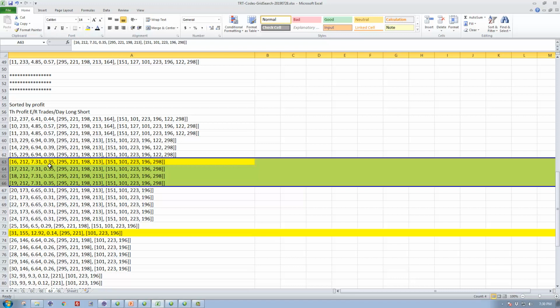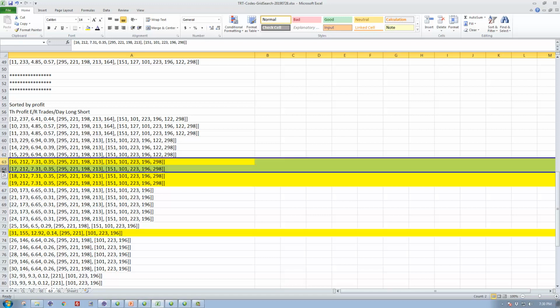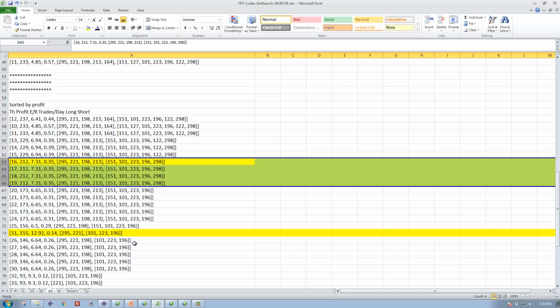And in fact, again, because it's 0.35, I'd actually consider doing that. All right, though I actually don't like that 0.14 is so low. It's a trade every couple of weeks, basically 1.5 trades per 2 weeks. I'd probably consider that more.